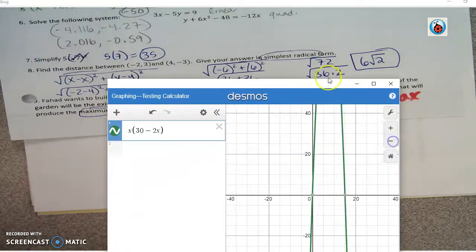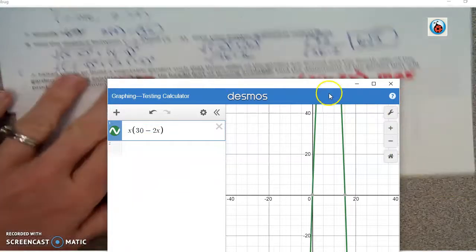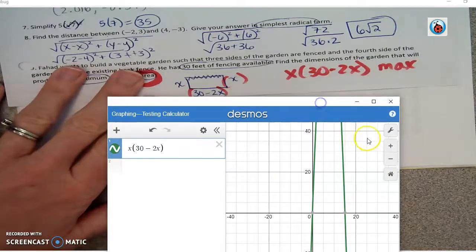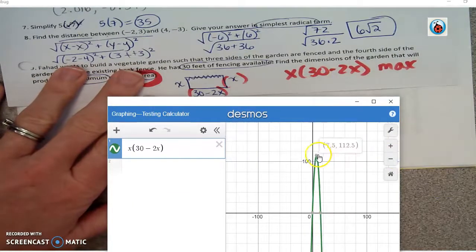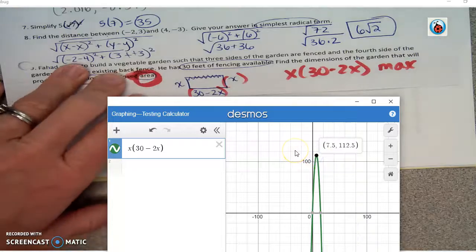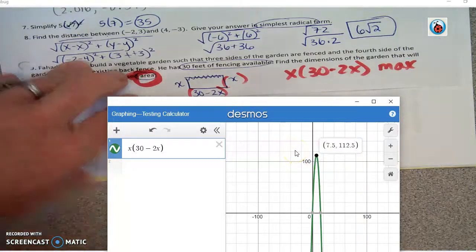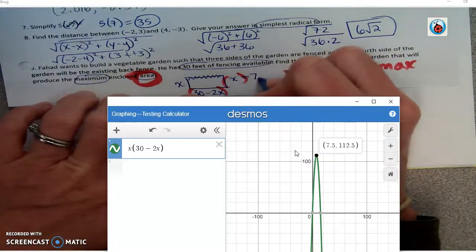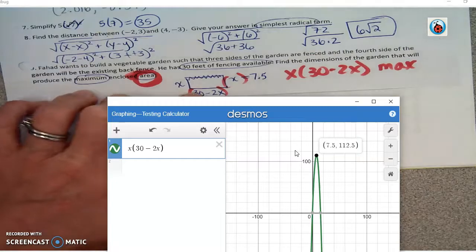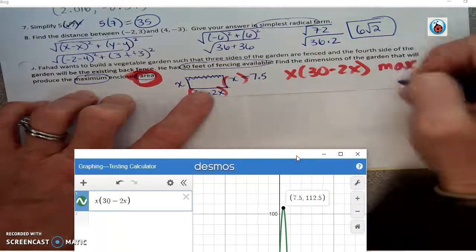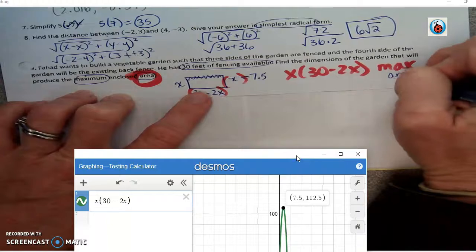So I zoom. All right, your maximum, your x value is 7.5. And the 112.5 represents the max area. So the max area is 112.5.